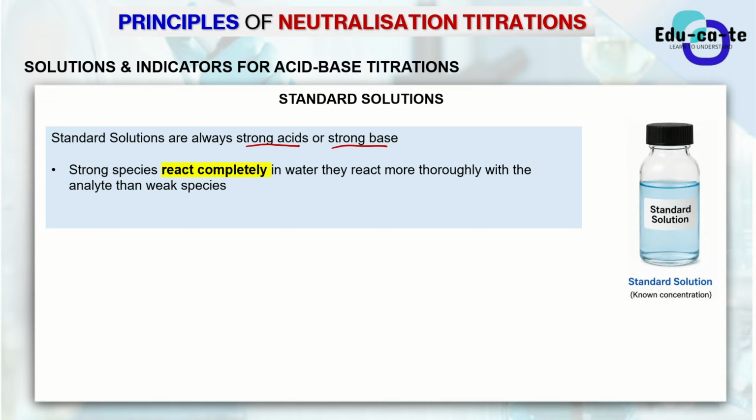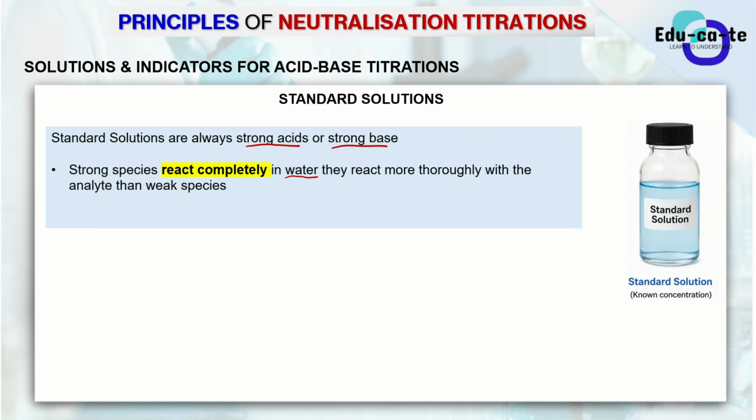That strong acid or base, that strong species, reacts completely in water. We already know that according to the Arrhenius definition, an acid is a substance that releases hydronium ions in water, and a base releases hydroxide ions in water. So what makes the stronger acids and bases different from the weaker ones?